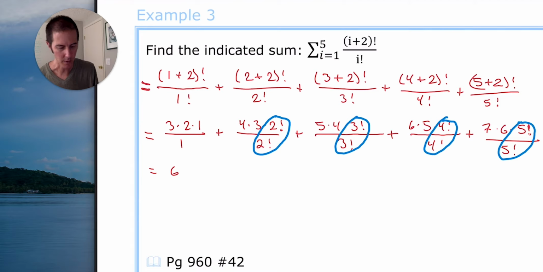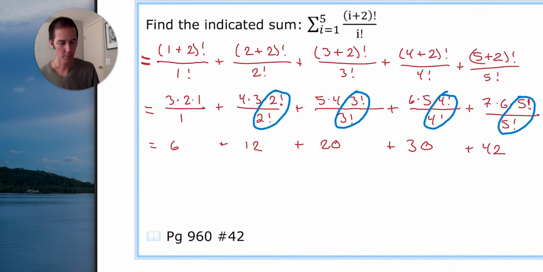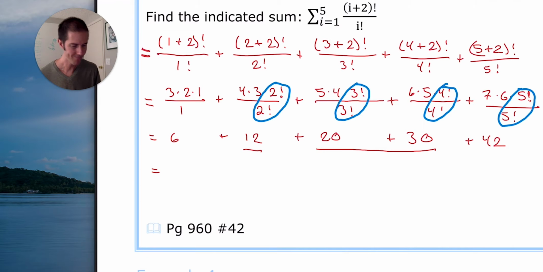I see a 6 plus a 12 plus a 20 plus 30 plus 42. And then we'll see if my arithmetic fails me or not. This looks like 50 and 62. I don't want to do that one yet.